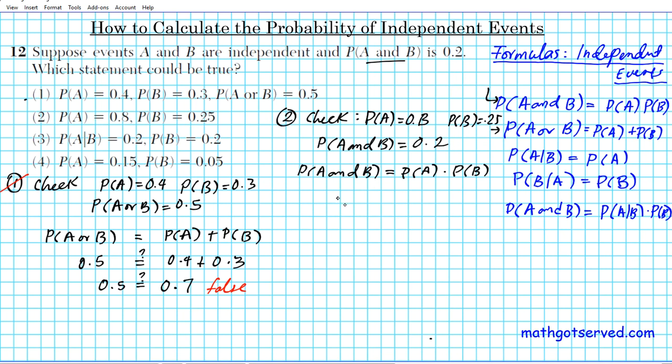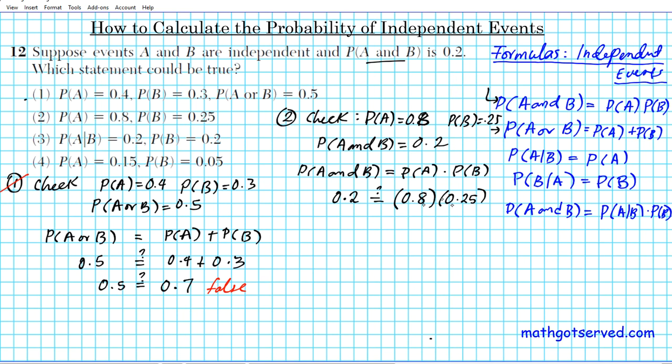All right, so the question is probability of, so this looks weird. This is 0.8. All right, probability of A and B is 0.2. So the question is, is 0.2 equal to probability of A, which is 0.8, times probability of B, which is 0.25? 0.25 is 1 over 4.